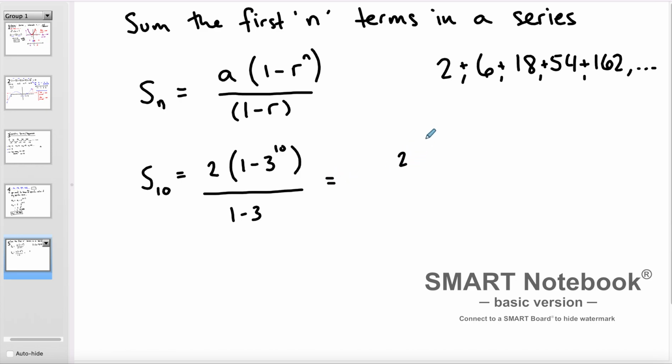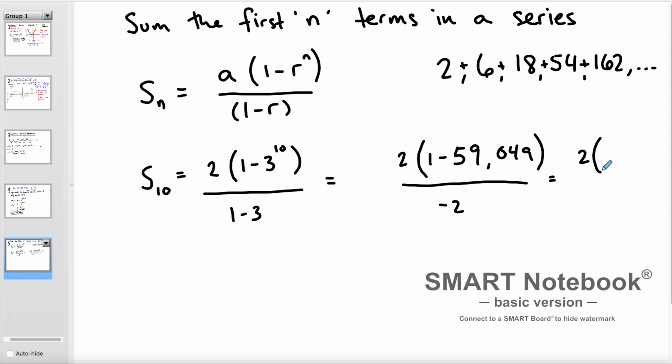So we have 2 times 1 minus, okay, let's see if we can get a nice answer here, 3 to the 10th, divided by negative 2, equals 2 times negative 59,048, divided by negative 2.